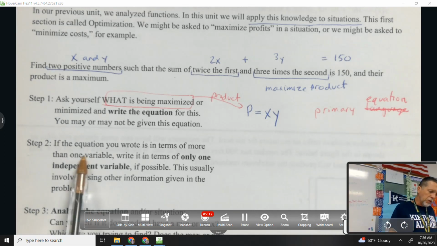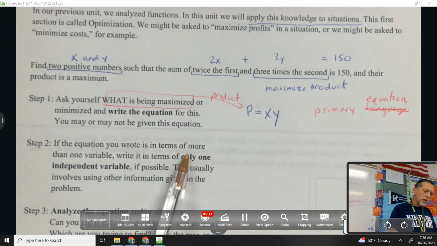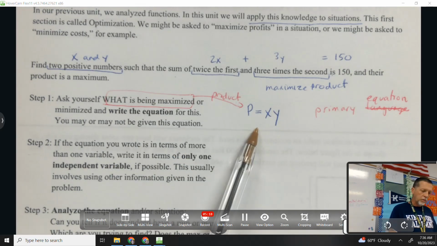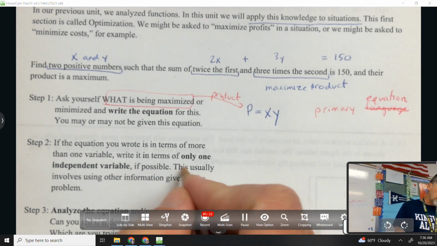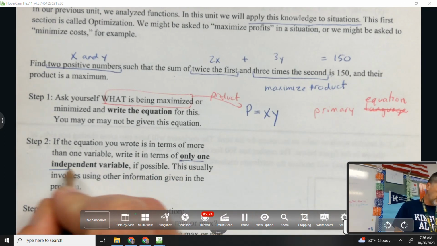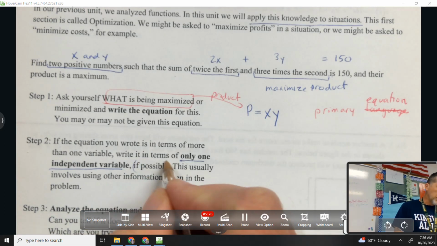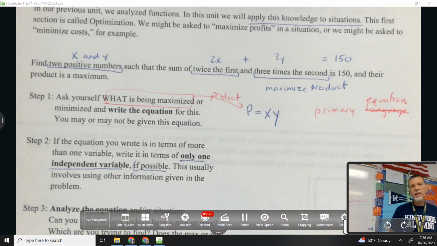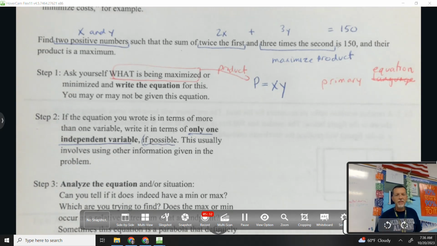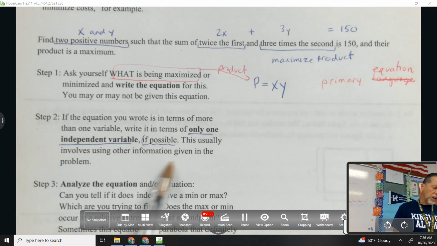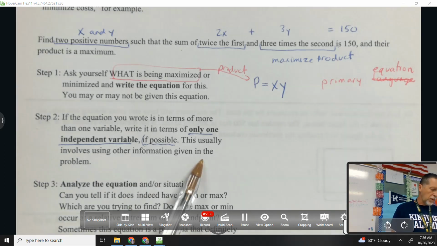Step 2. If the equation you wrote is in terms of more than one variable, as it is for this one, write it in terms of only one variable, if possible. It's almost always going to be possible for us, because we wouldn't be able to work these problems if we couldn't do this. This usually involves using other information in the problem.